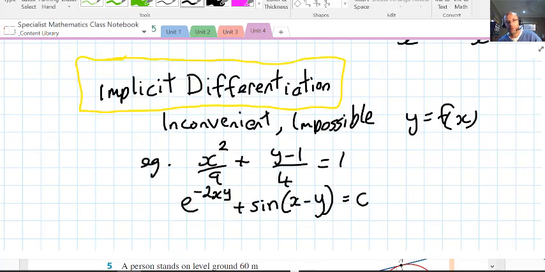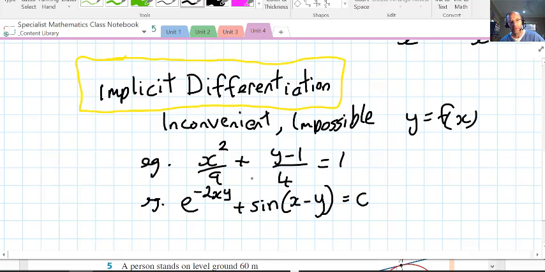So the process is called implicit differentiation, and it's used when it's inconvenient or sometimes impossible to write y in terms of x. And a couple of examples are penned there. You've got an ellipse there, and some hybrid function of an exponential base e and a sine.